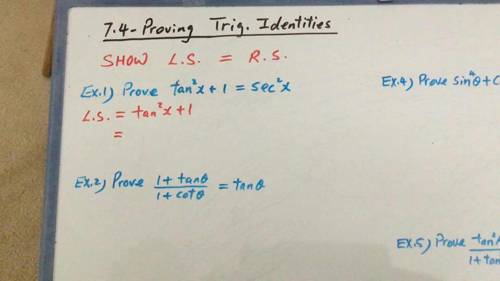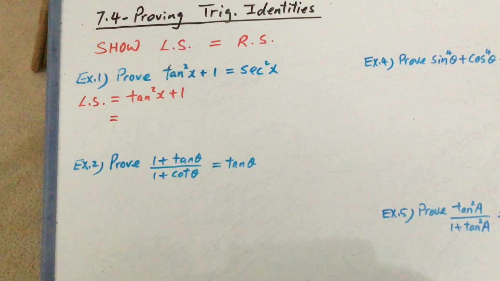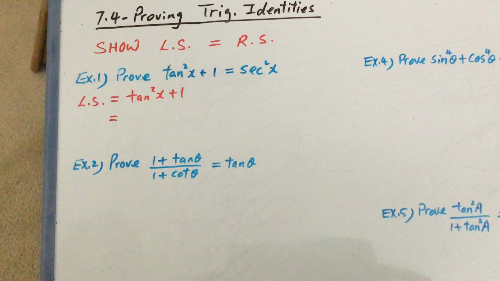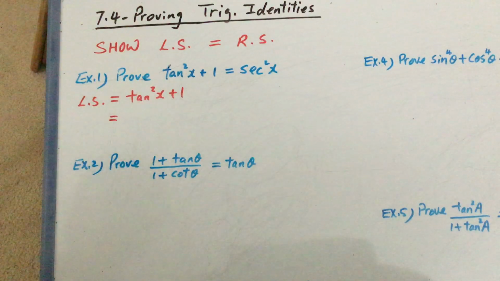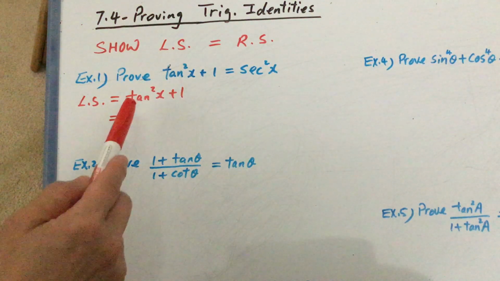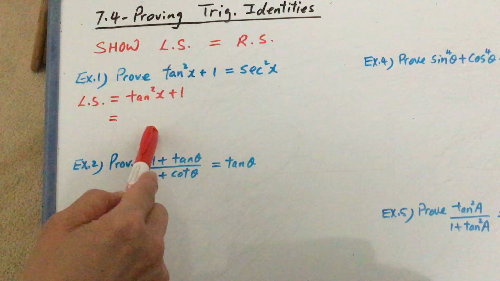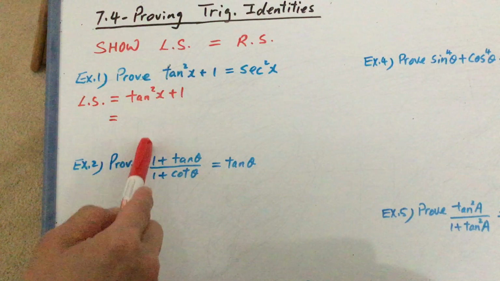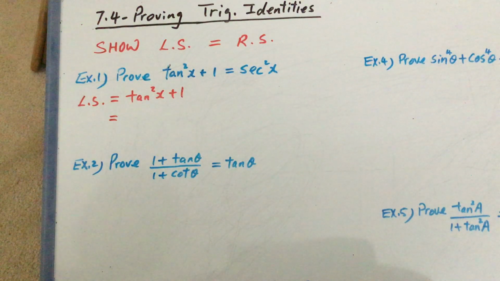For example number one, once I have chosen the left side, I'm going to rewrite the left side, and from this step I will go further, and hopefully at the end it will turn into the right side.